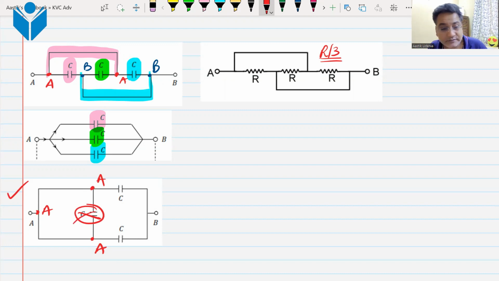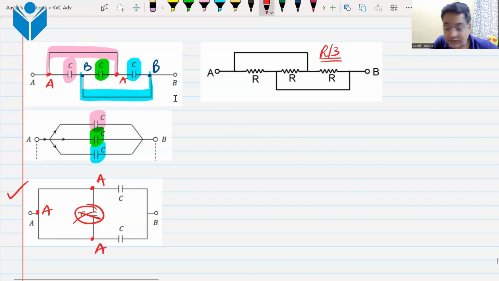So in the equivalent diagram, there are only 2 capacitors connected between A and B, so the equivalent capacitance will become 2C. Do we understand this? Yes, sir. Are we able to follow me, or am I going too fast?